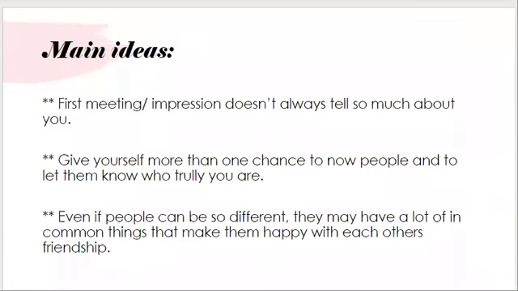The main ideas are: first meeting or impression doesn't always tell so much about you. So you don't have to be perfect عشان تطلع بالانطباع الأول تعجب كل each person. You have other chances to introduce yourself, to get to know people, and to let people know you.